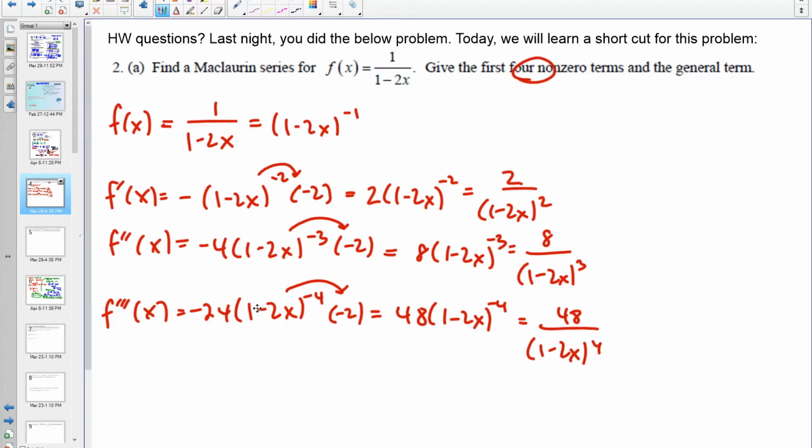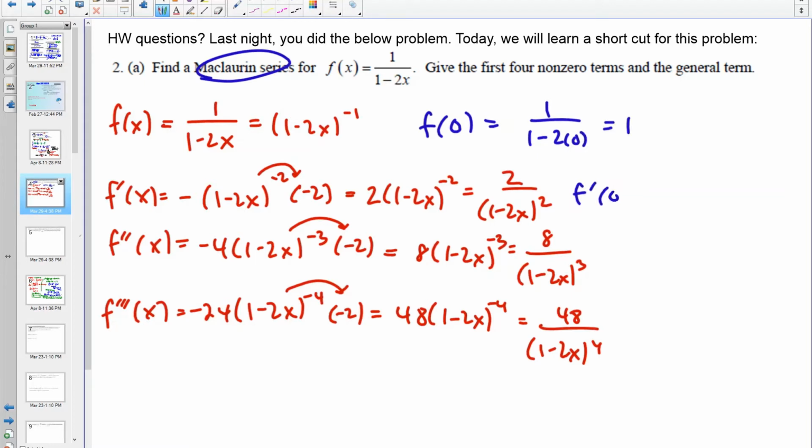I'm hoping these are all non-zero. If they aren't, I'll add another term later. Then what you do is you plug in your center. This is a Maclaurin series, so my center is 0. So this will be 1 over 1 minus 2 times 0, which is 1. If I plug in my center here, this will be 2 over 1, which will be 2.